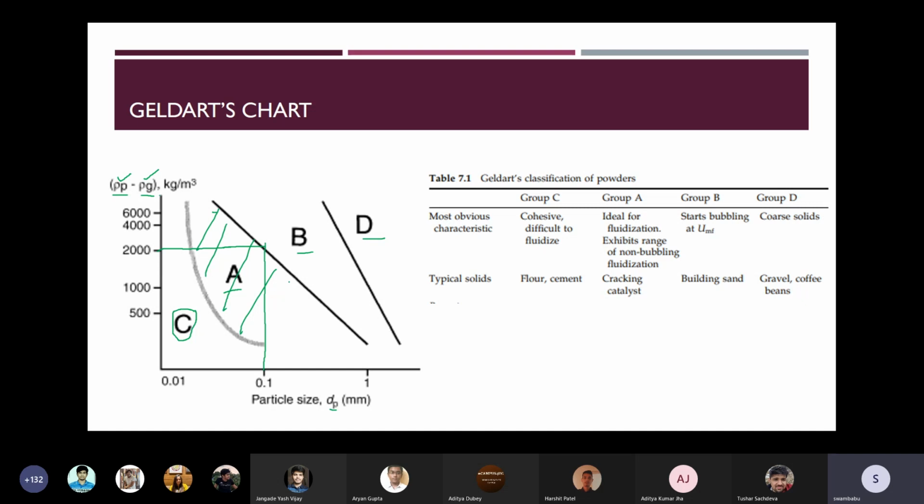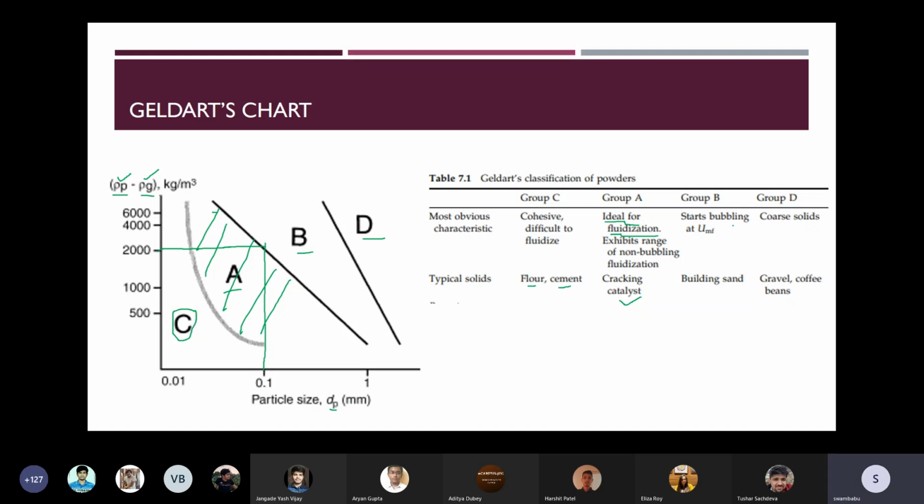Whatever particles fall under this zone are very good, ideal for fluidization. An application is the cracking catalyst in catalytic cracking operation. And group C is typically flours and cements.